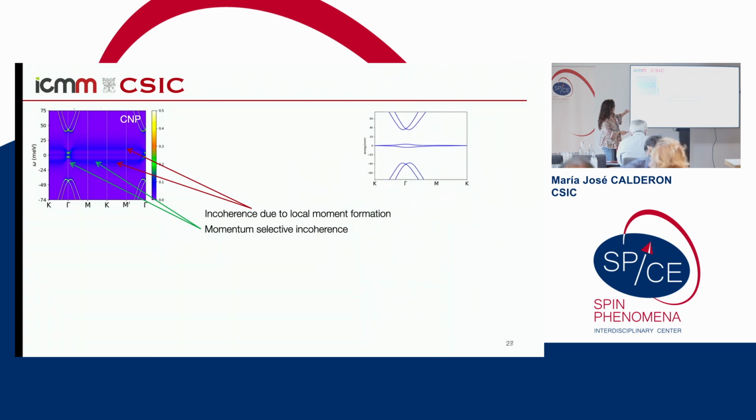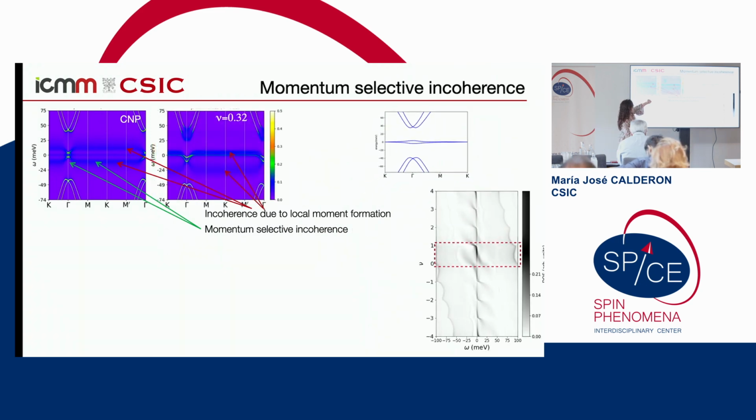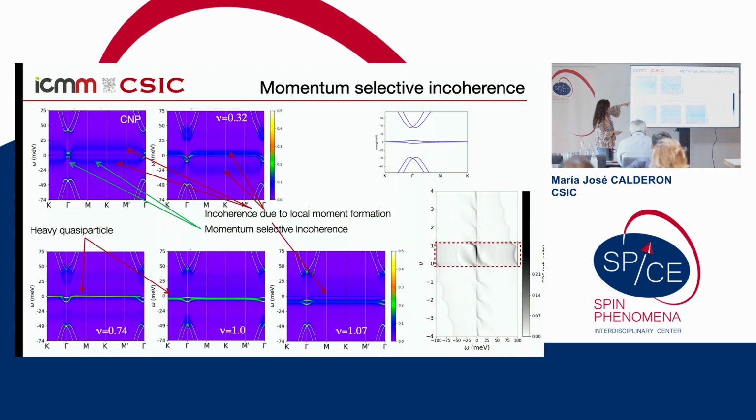Now, as you fill in, you still have that. The bands here start to deform. This is coming from the Hartree part of the interaction. And as you keep increasing towards 1, which will be the next integer filling, the heavy quasi-particle forms. And you still have this incoherence that is forming.